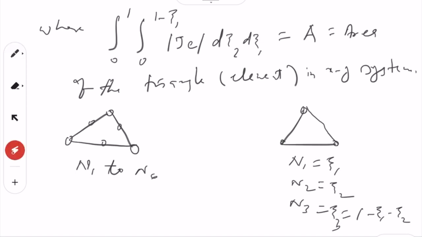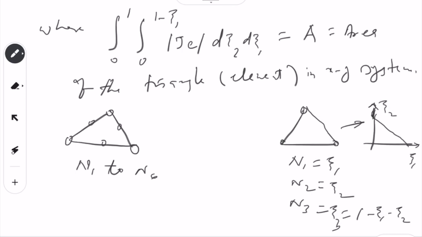Now the coordinate system also, we have transferred from these systems to this system. So it is a right angle triangle, and you had xi 1, xi 2 here. This is 0, 0. This is node 3, 1 and 2, nodes 1, 2, 3.